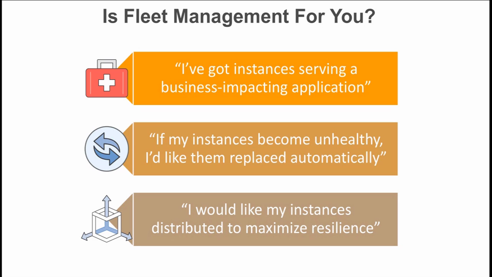And autoscaling actually helps you to distribute your instances across two or more availability zones. That's one of the patterns that we see and that we publish, for example, as part of our well-architected framework. And it's really a key concept to make use of in AWS in order to maximize resilience and make sure the application enjoys the highest level of uptime possible.